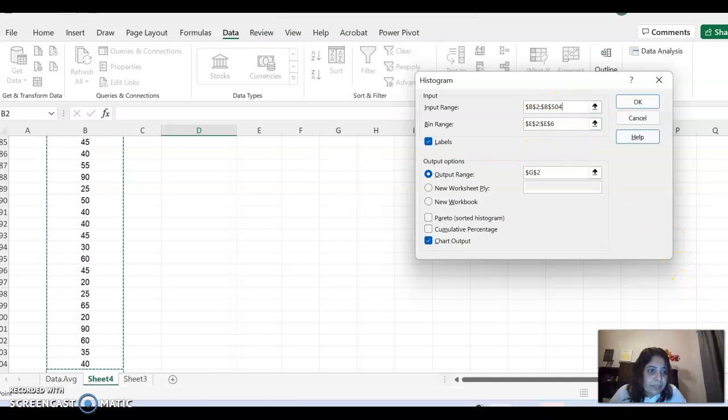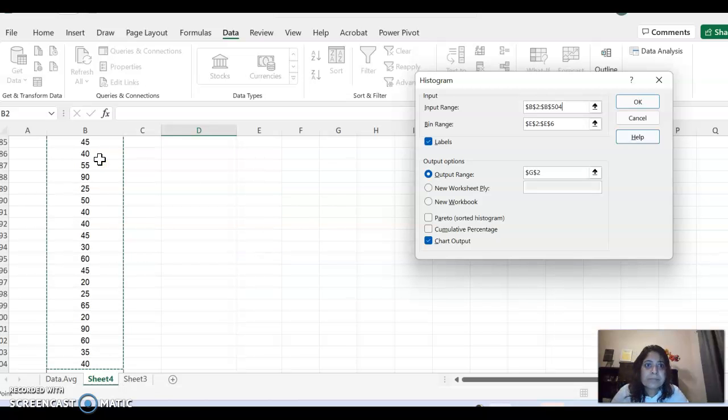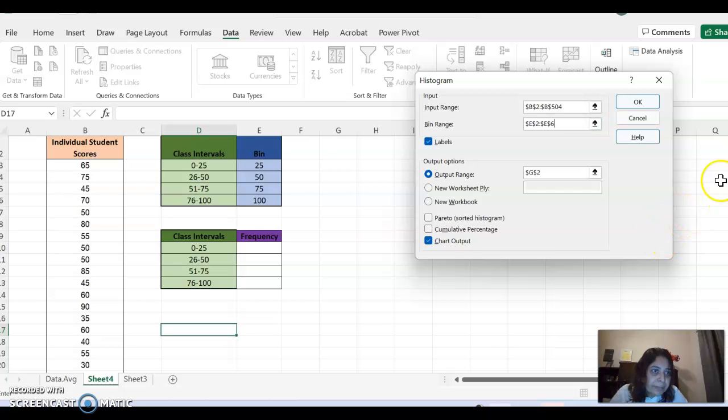Bin range is the set of upper limits of the class intervals, which is right here. That was the bin. And then we have labels because the top row has labels on them. Our output range can be G2, which is all right.